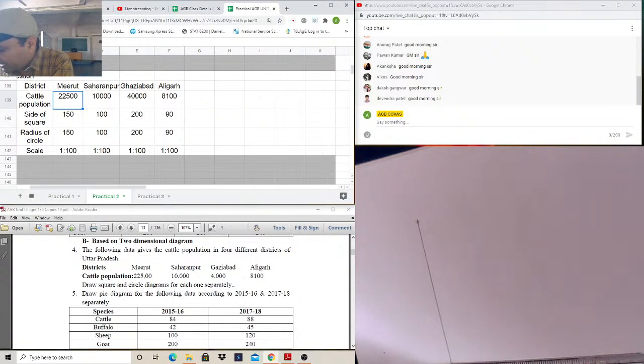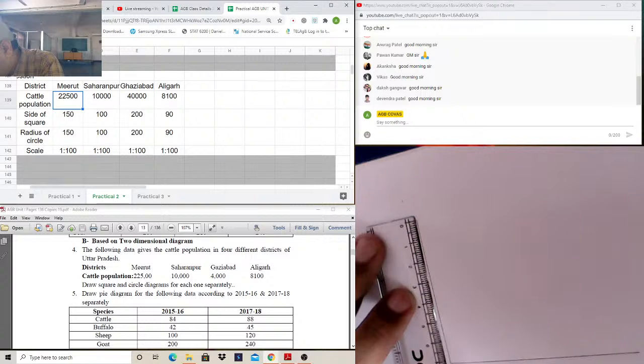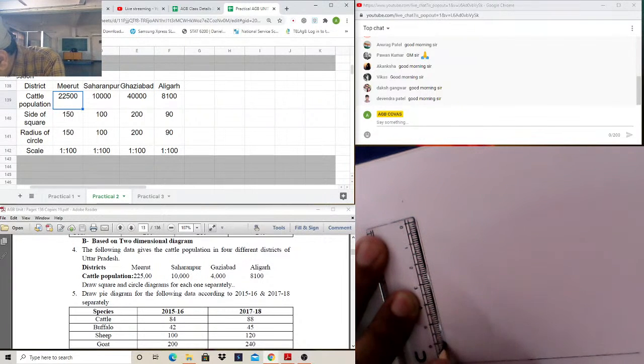We can start from somewhere, say this is 0, and we can have gradations over this, where 1 centimeter gradations are there.